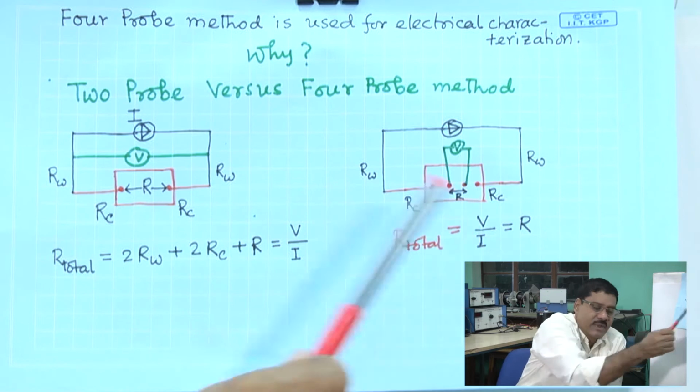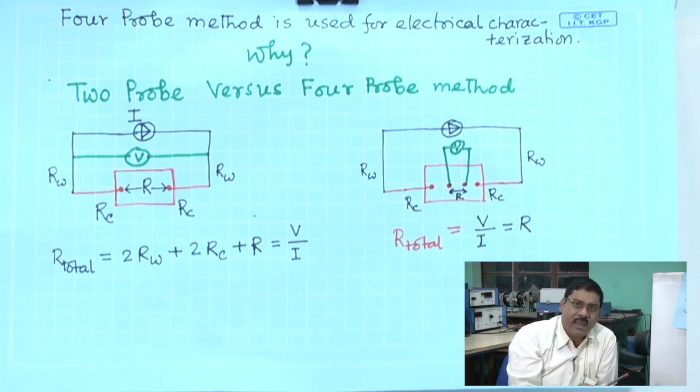In this method, you can avoid the contact and wire resistance. Only in this case you can measure the sample resistance.